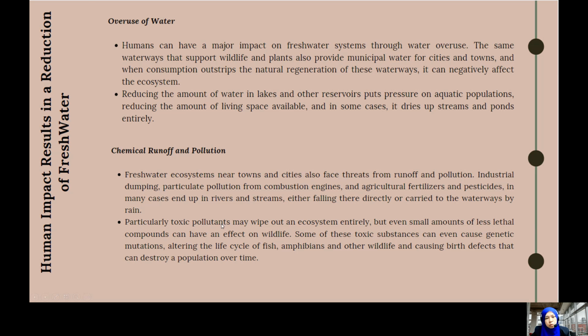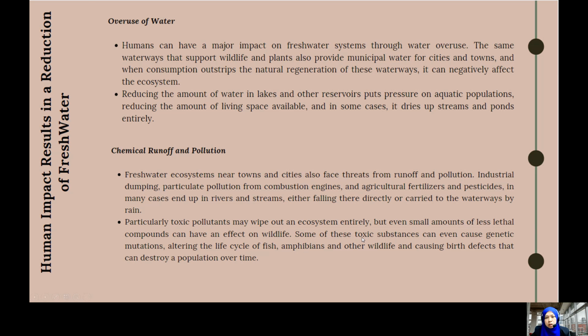Particularly toxic pollution may wipe out an ecosystem entirely, but even small amounts of less toxic compounds can have an effect on wildlife.